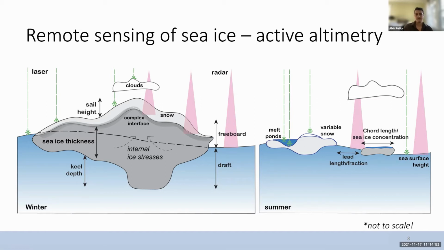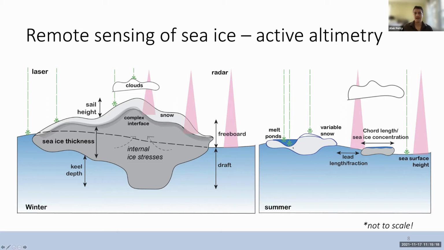And then when we make this conversion from freeboard to thickness, we assume the ice is freely floating. We assume hydrostatic equilibrium of our ice floes, but we know that in localized regions and coastal regions, we can have significant internal stresses which can complicate matters and add uncertainty to that approximation.